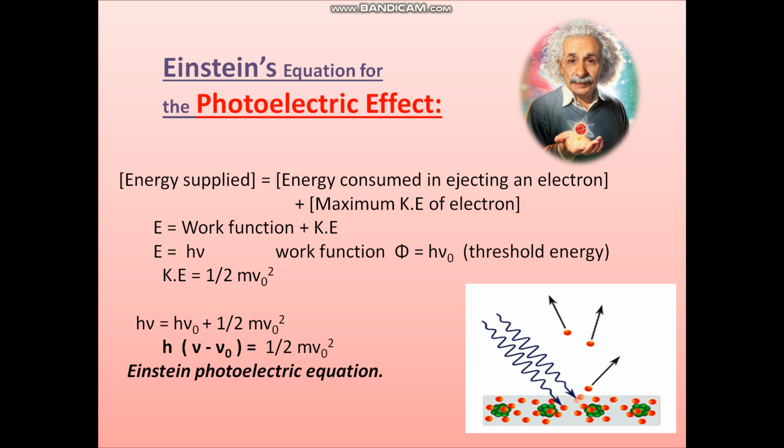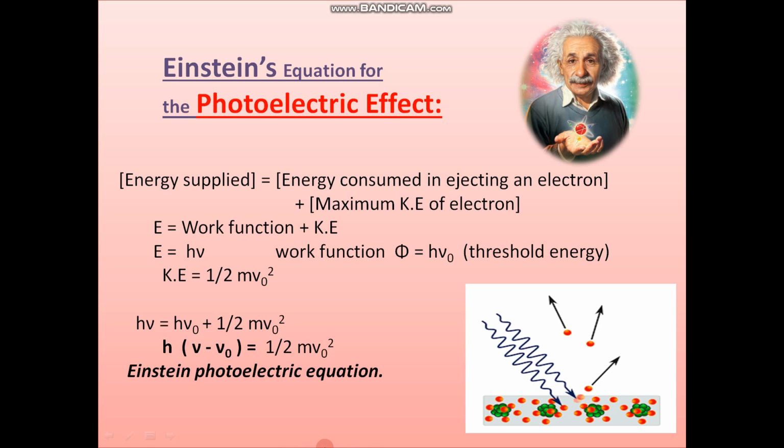We already know that light consists of bundles of energy. Light here is nothing but electromagnetic radiation. It consists of bundles of energy that we call quanta, or photons. The energy of each photon is proportional to the frequency of light.